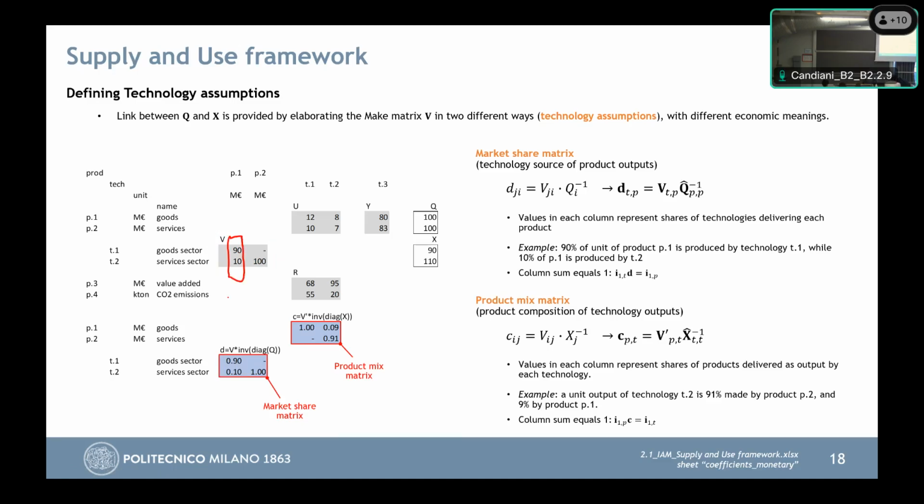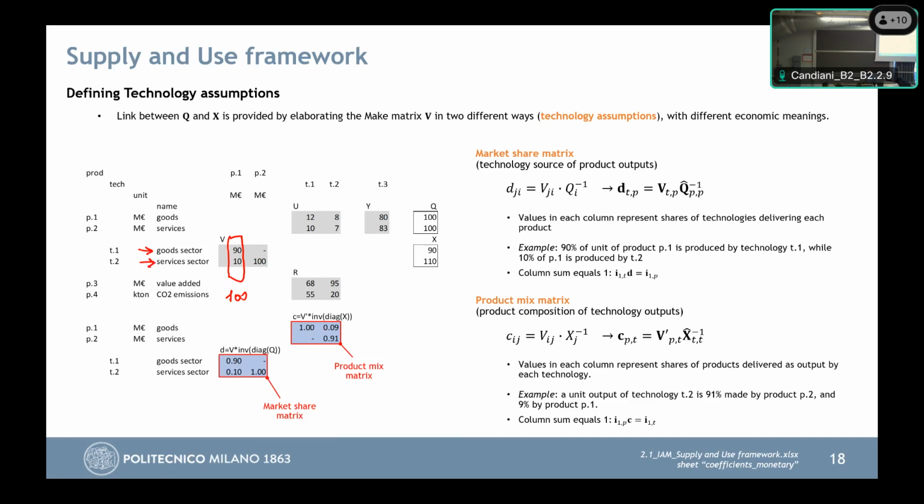We are dividing each number by 100, that is the sum of 90 and 10. So we know that anytime we are asking for an extra unit of product 1, that is a good, in this case a good amount of goods, then 90% of these products are produced by the goods sector and the rest is produced by the service sector.